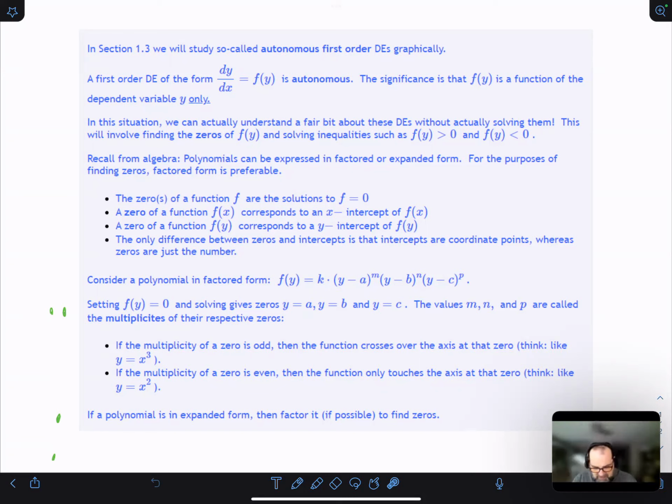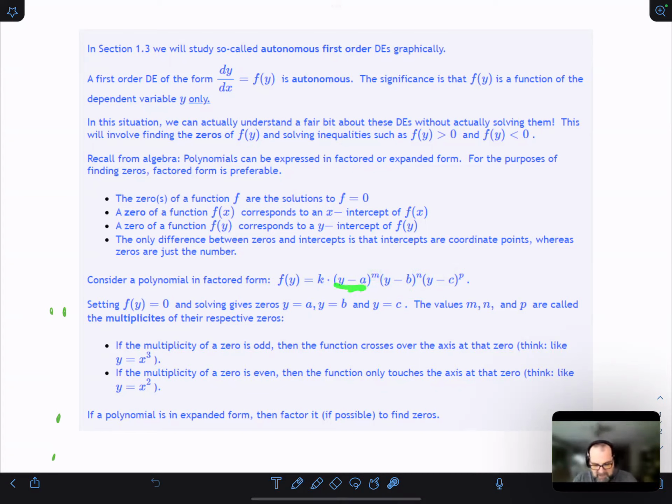A little quick note about possible exponents here. Factors may occur more than once. So here I have the factor y minus a occurring m times, y minus b occurs n times, and so on. The number of times the factor occurs is called the multiplicity of the 0.